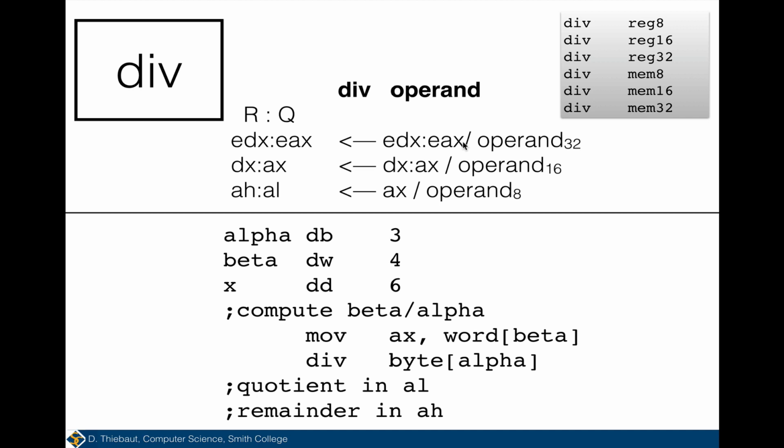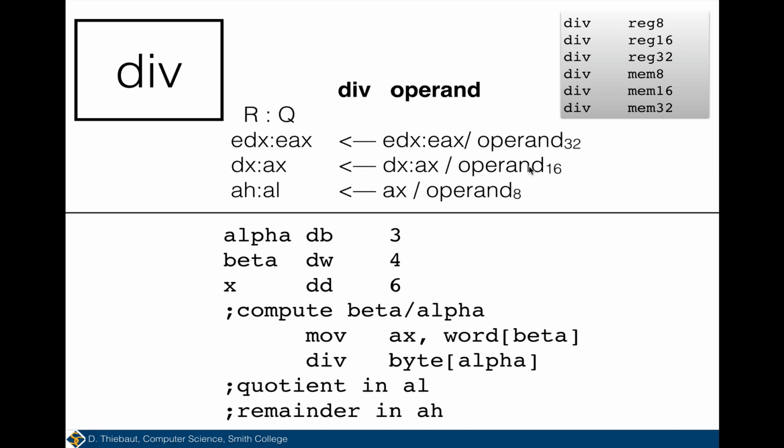So it's the integer division we're talking about. You don't get a real number using the div instruction. So you have to put in EDX and EAX a 64-bit value if you want to divide it by something that is 32 bits. And what you're going to get is the remainder, the R here stands for remainder, in EDX and the quotient in EAX.